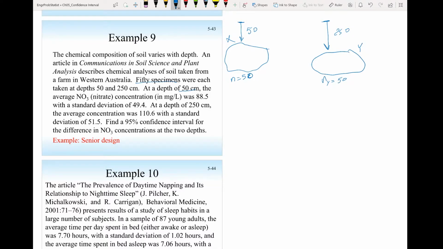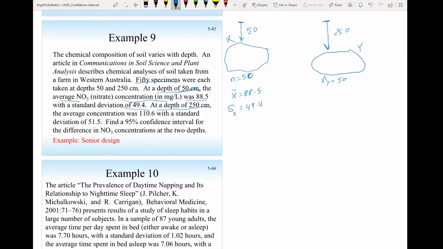At depth 50 centimeter, the average nitrate concentration in milligram per liter was 88.5. X bar here is 88.5 with a standard deviation of 49.4, Sx is 49.4.